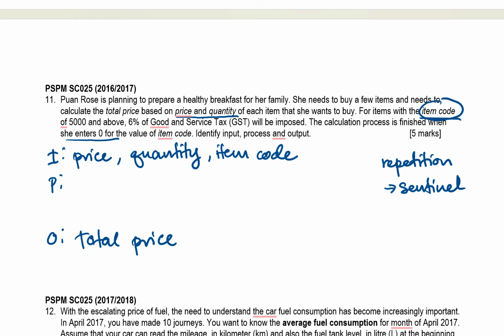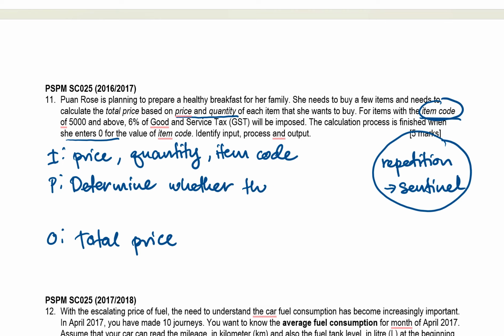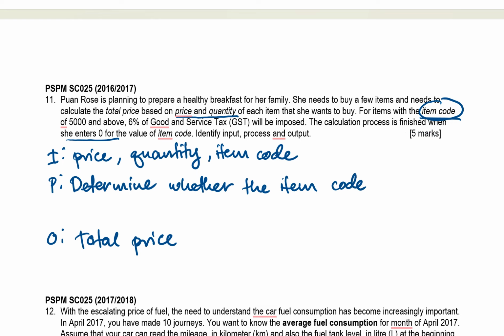Now, how to write the process. We start with determine, because this one is a selection control structure, selection and repetition. Determine whether the item code is 5,000 and above.